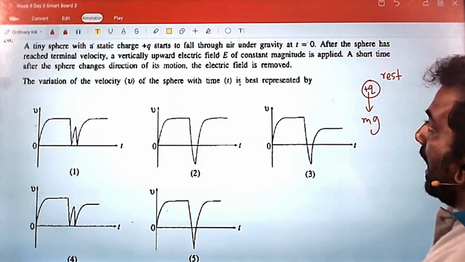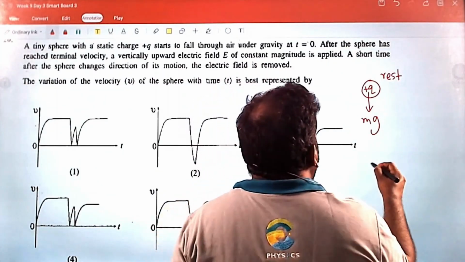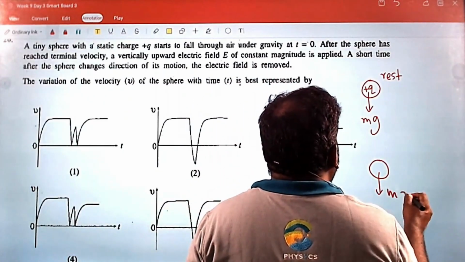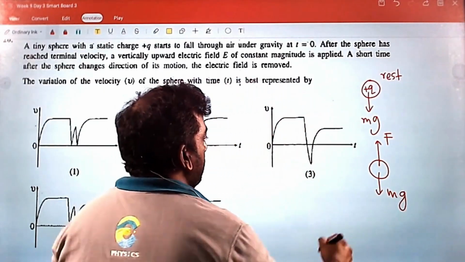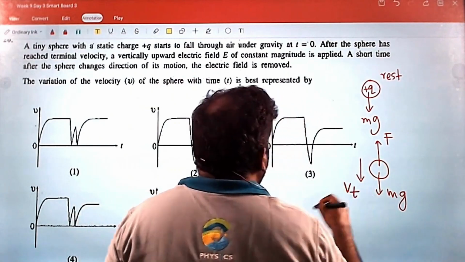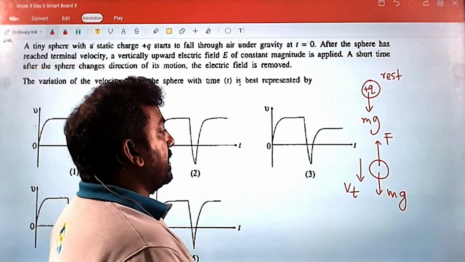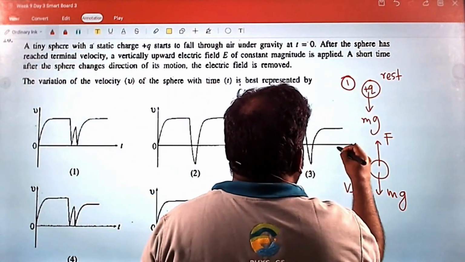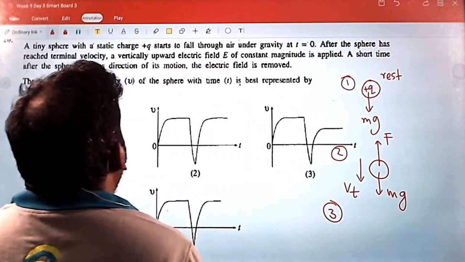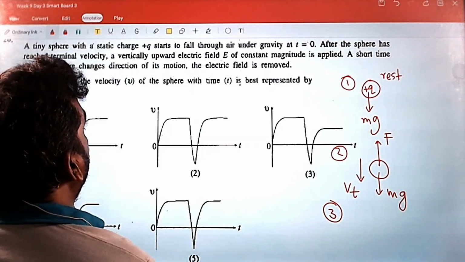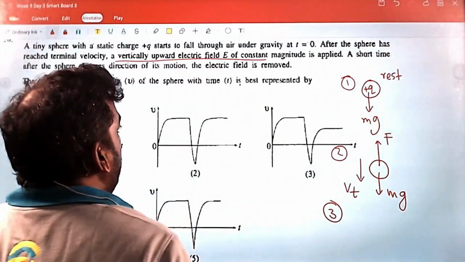After the sphere has reached terminal velocity: falling through air means mg is there, a resistive viscous force is there, and it reaches terminal velocity. After it reaches terminal velocity, a vertical upward electric field is applied.